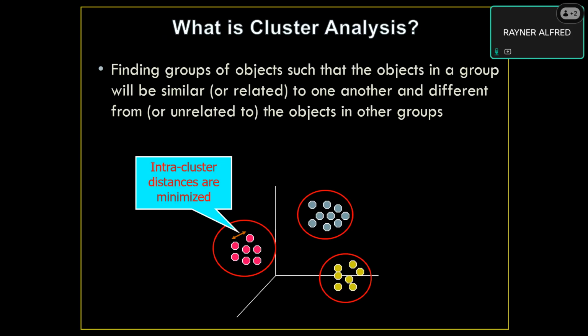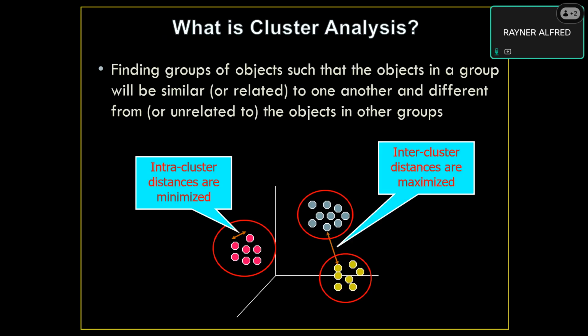And at the same time, we want to make sure they are located far away from each other. So each cluster will be separated far away from each other. The further they are, the better is your cluster.